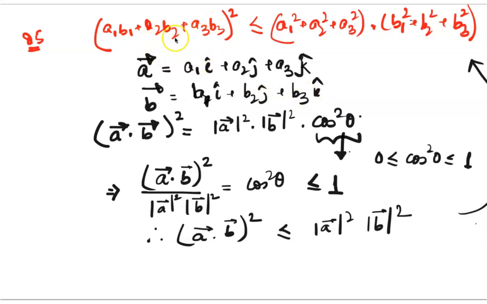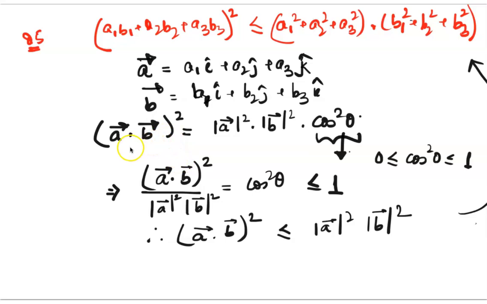So this is basically our definition of dot product. This is basically square of the mod of a vector, and this is square of mod of b vector.